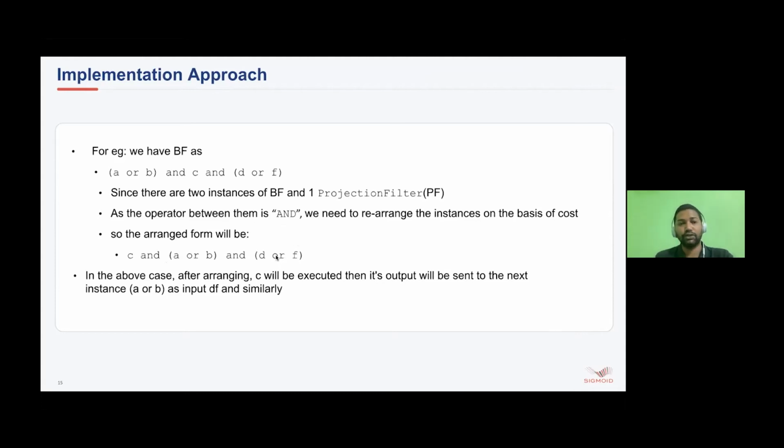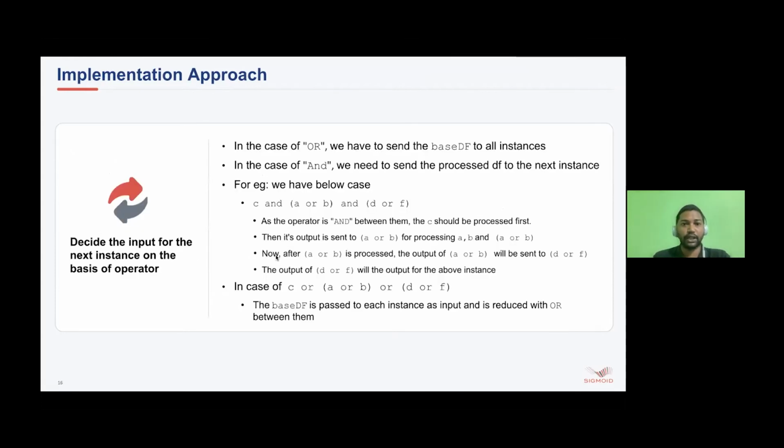So let's see how we can do that. In case of OR, we can't apply the technique that we decided. So whenever we have to decide on the basis of the operator, if it's OR, we'll send the base DF as it is to both the filters, right? To both nodes or all the nodes inside that.